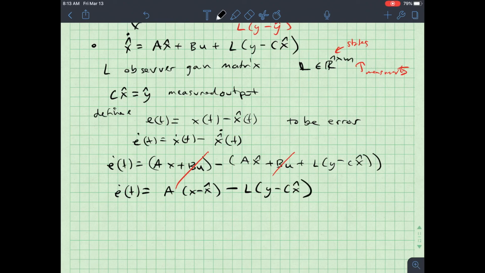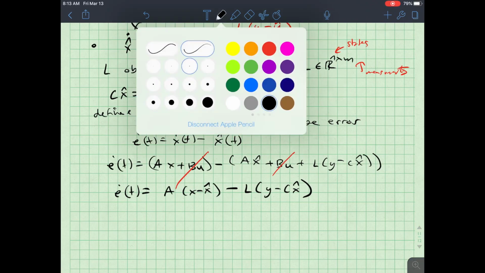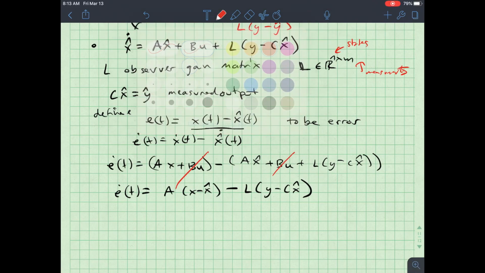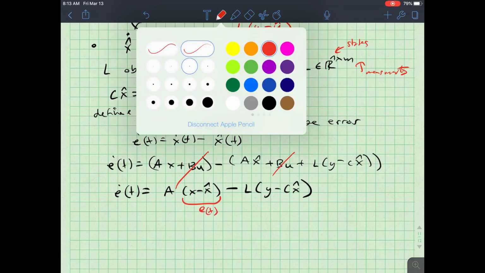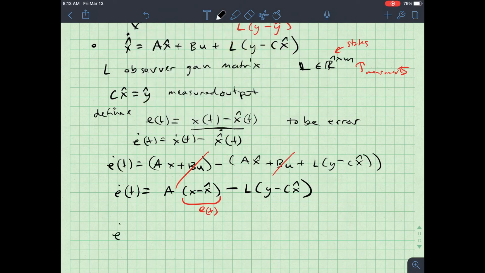But I know that x minus x hat is just equal to the error, right? This is just E of t. So E dot of t is equal to A times E of t minus L times C times x minus x hat.